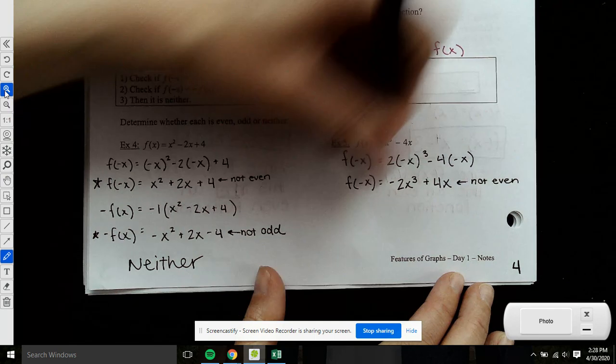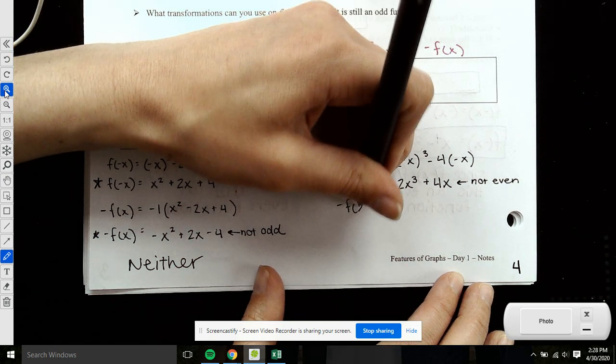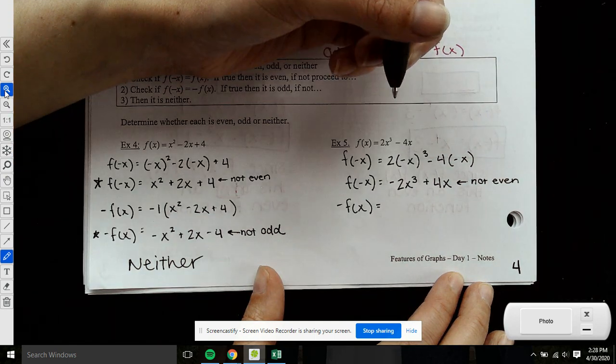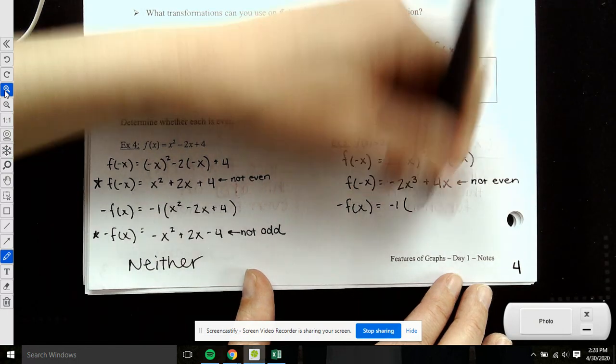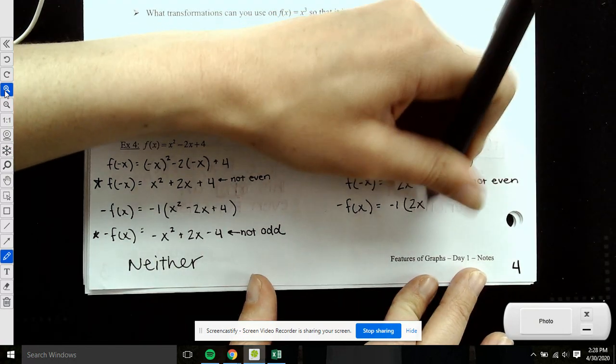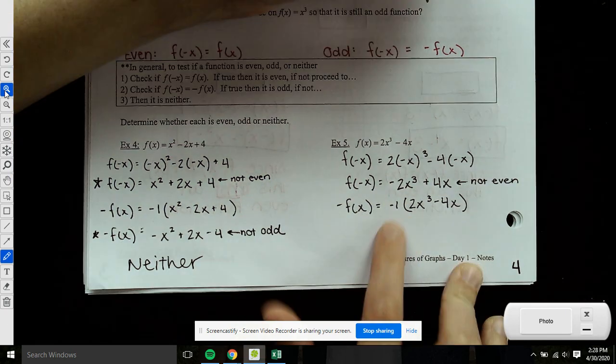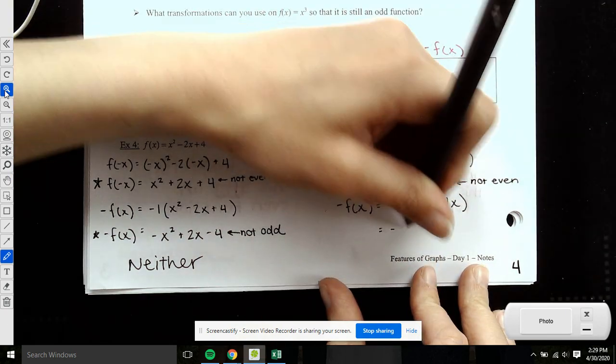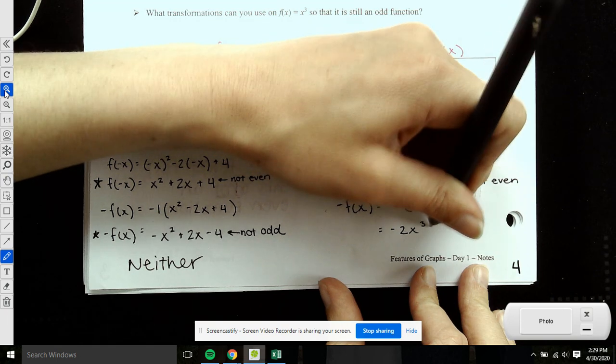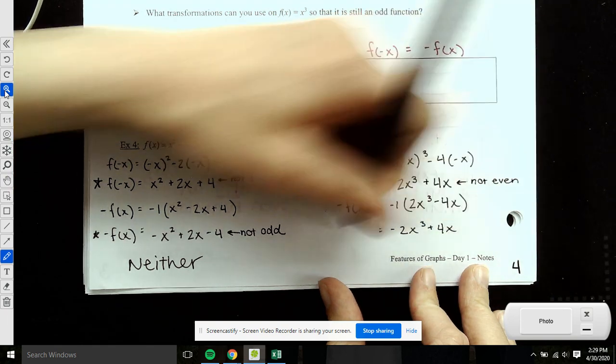Now I'm going to check negative f of x, which means I am going to multiply -1 by the function. If I distribute that, I end up with -2x cubed plus 4x.